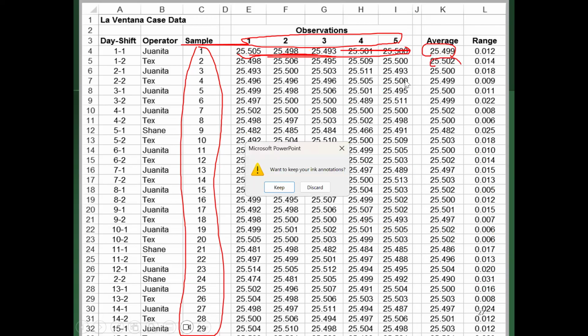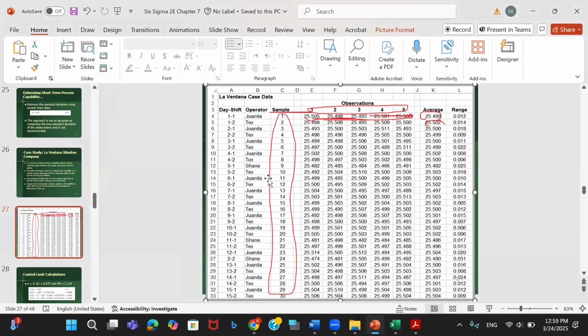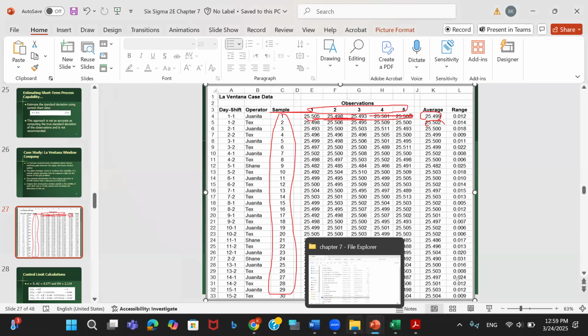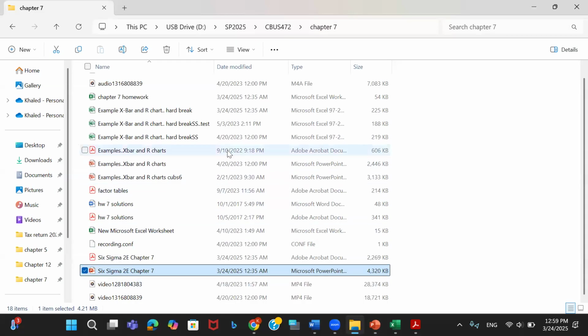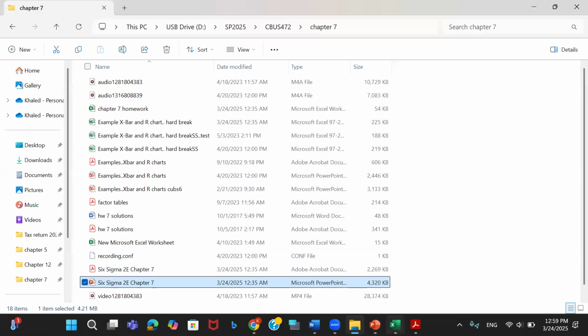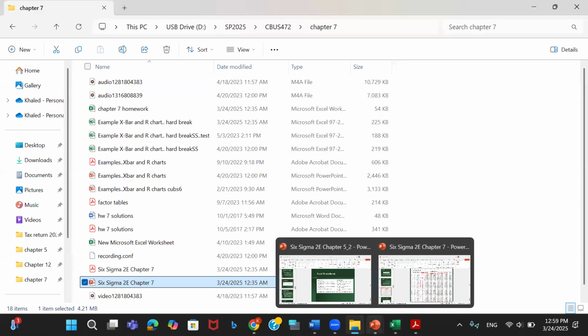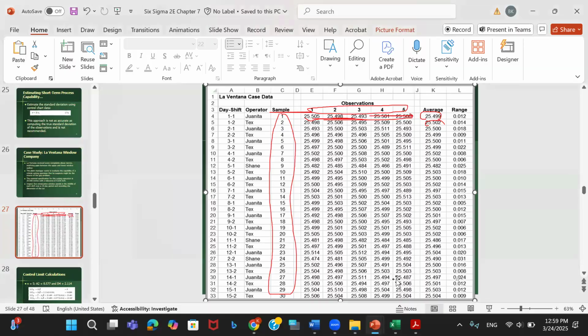Let me see if I have an Excel sheet for this example. I'm solving another example, but 25.05 plus this, divided by 5.